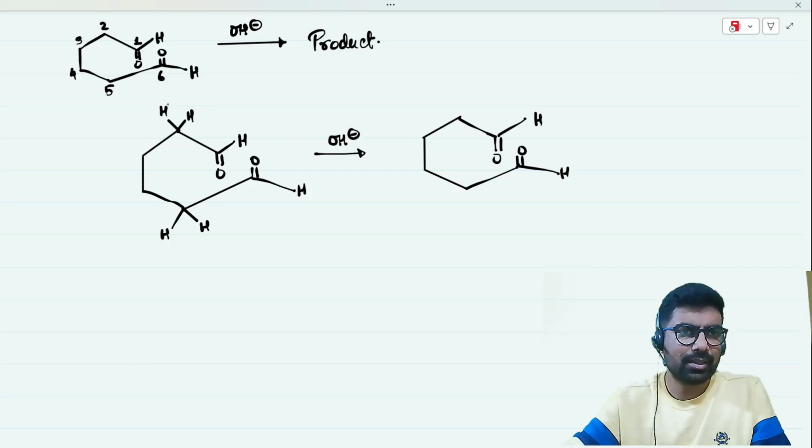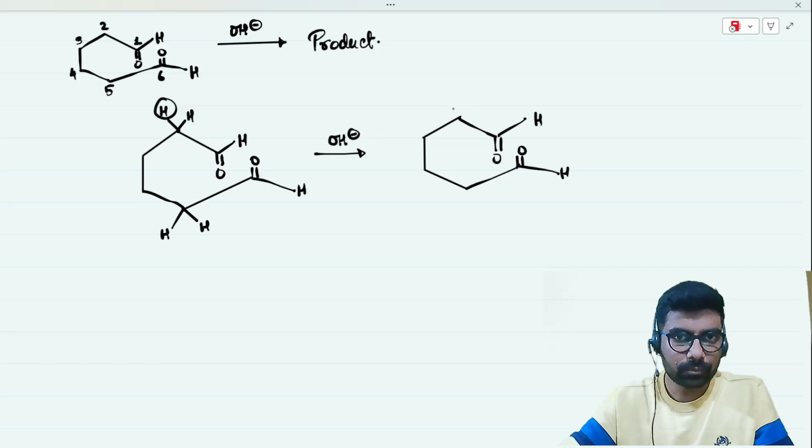Let's say I'm taking this alpha hydrogen out, randomly. So we have this hydrogen and there is a minus charge over here. These two hydrogens are intact.